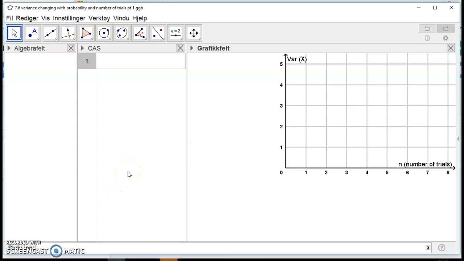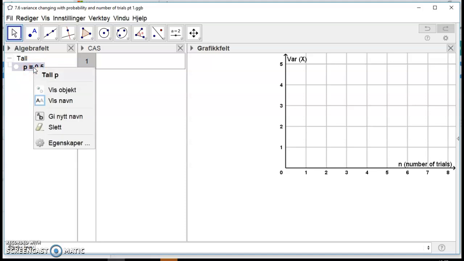And I'm going to start by defining the probability here. So probability is going to be p, and we'll just start with a value of 0.5 here. That's going to pop up here, and I want to be able to change this value.